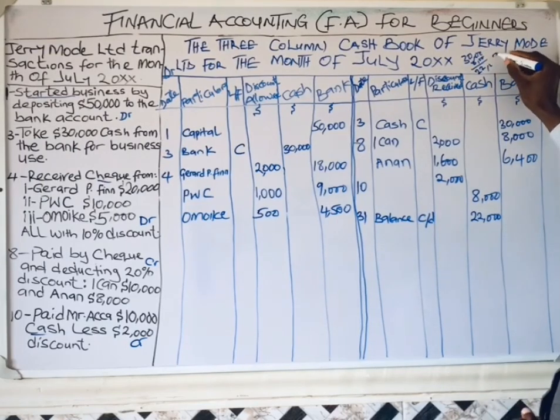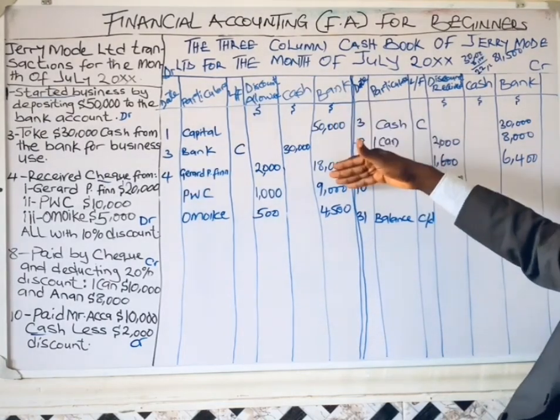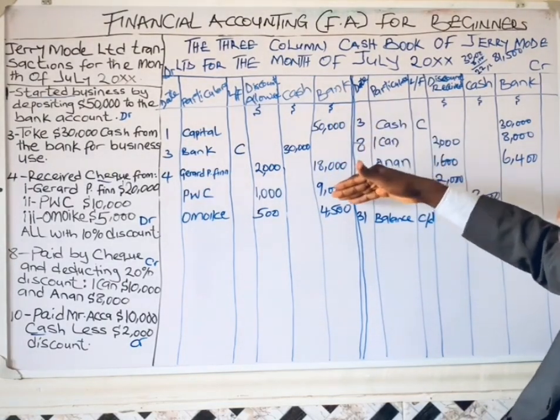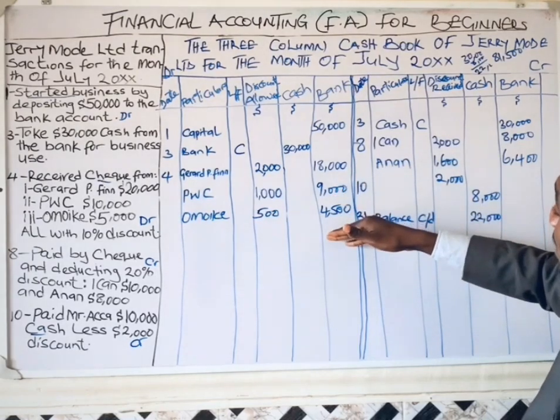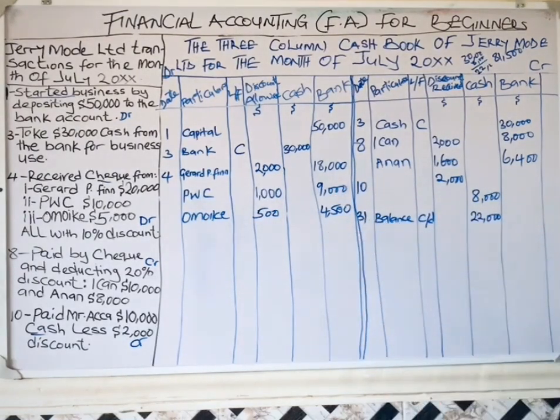If you add it all, 50, 68, 77, and $81,500.